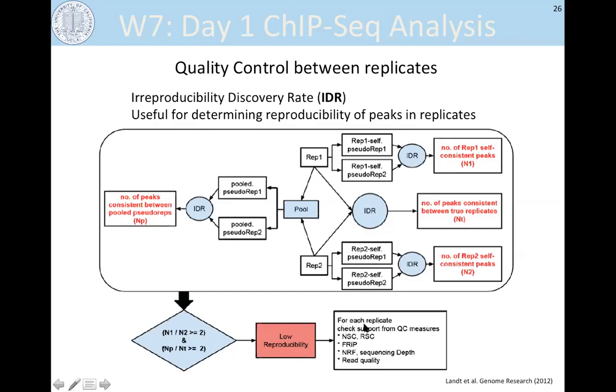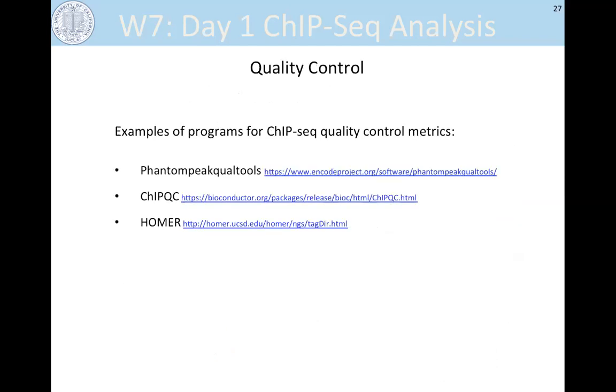And then you can check those replicates for other QC measures, the NSC and the RSC, which we talked about, FRiP, NRF, to look at if the sequencing depth gave you adequate number of mapped reads. The read quality also can give you poor data. So if you're interested in this, here are some examples of programs to look at these quality control measures. We aren't going to be using these programs for the interest of time, but if you're interested, there are some links.